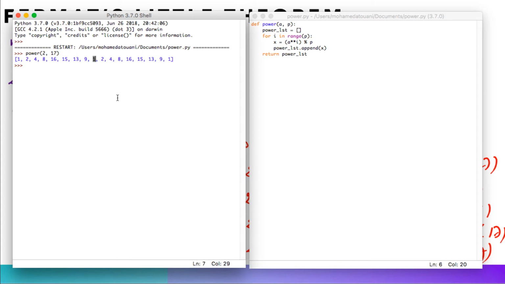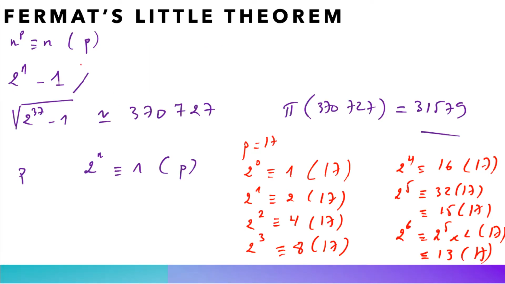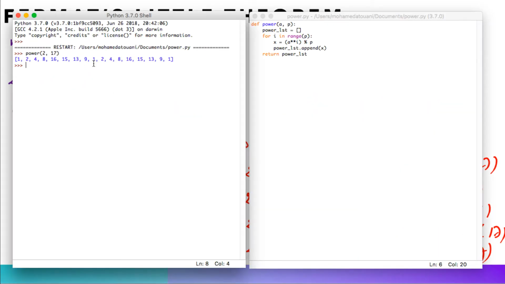Let me remind you that this is exactly the same thing that we found here. Now I know that 2 to the 6 is 13 modulo 17, 2 to the 7 is 9 modulo 17, and 2 to the 8 is 1 modulo 17. So the smallest positive power of 2, which yields 1 modulo 17, is 8.